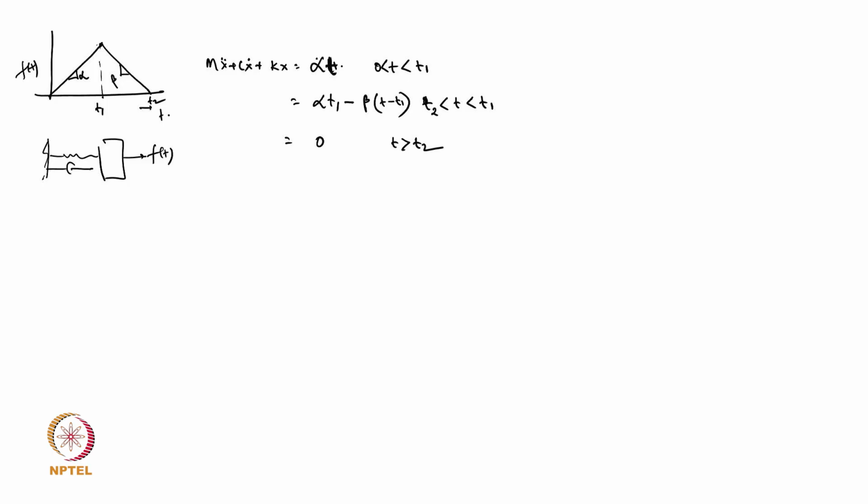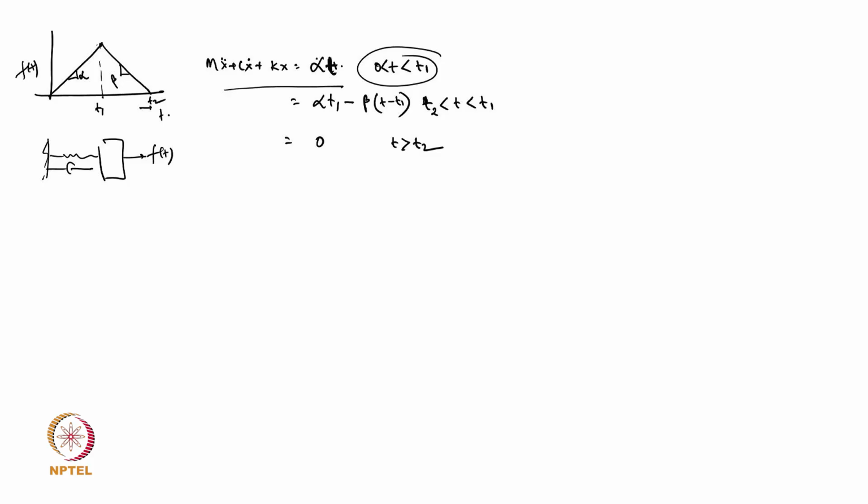In this type of scenario, what do we have to do? We have to solve the system for each of the parts. For the first phase, we solve it up to t1, and we need to remember that we should not solve it for time more than t1.